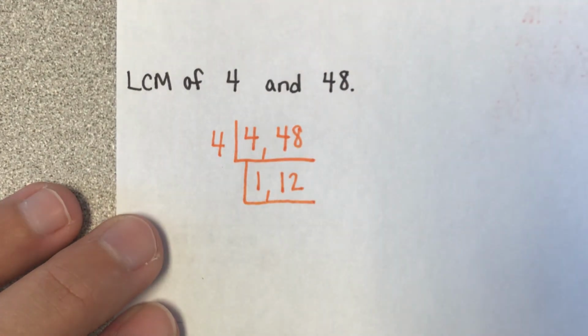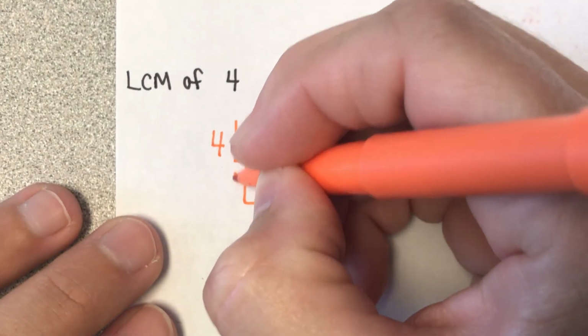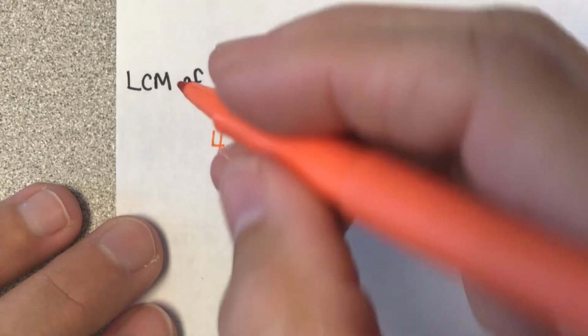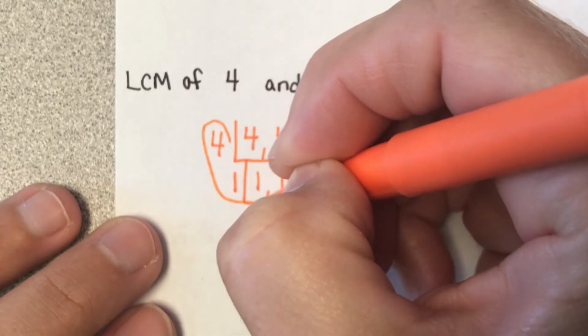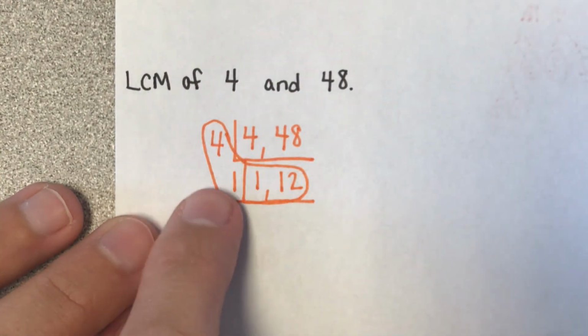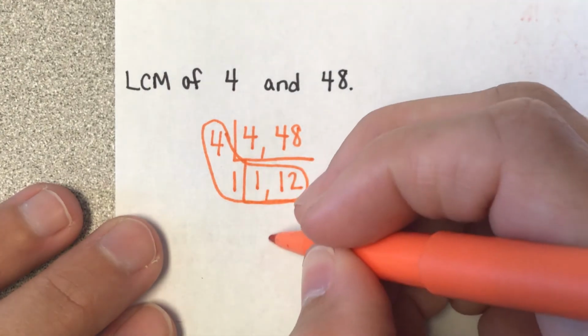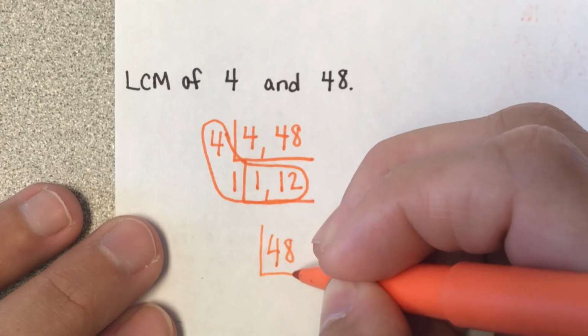Draw my bar. What goes into 1 and 12? The only thing is 1. Now I take my numbers on the side and the bottom and multiply them. 4 times 1 is 4. 4 times 12 is 48.